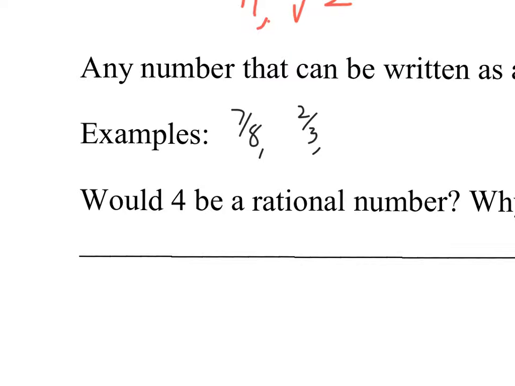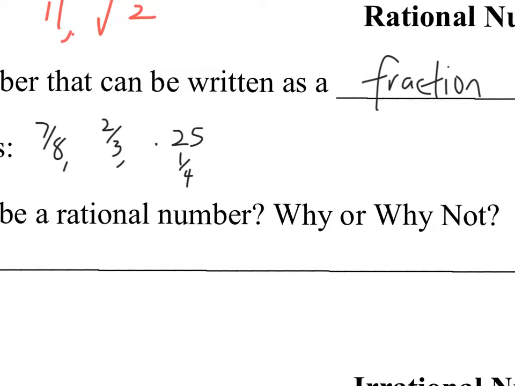Another way we could write fractions is with decimals, right? 0.25, we all know is the same thing as 1/4, right? Now we may not know how to convert this one, but isn't 0.625, isn't that a fraction? Isn't a decimal a fraction?